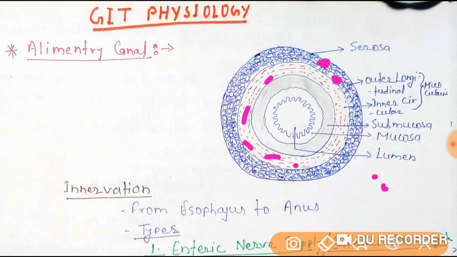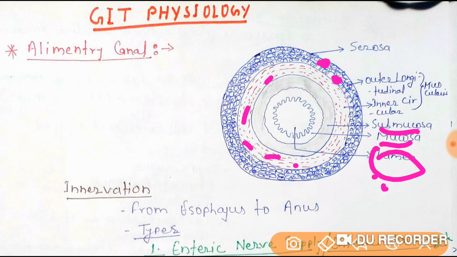So outer longitudinal, inner circular, then the submucosa, after that the mucosa, and the innermost part is the lumen. The mucosa has a lining epithelium.